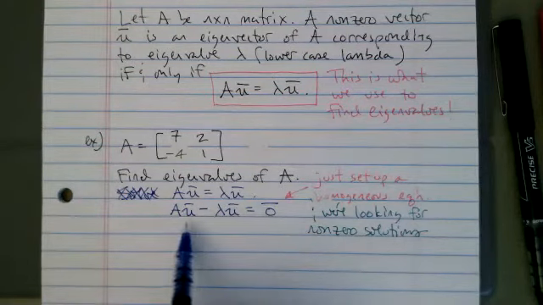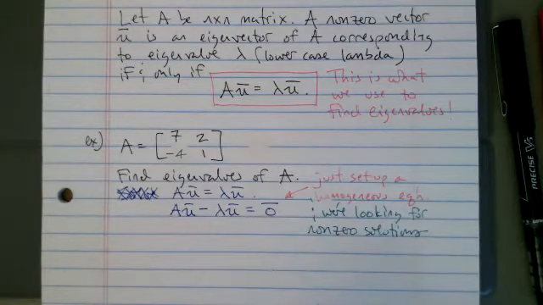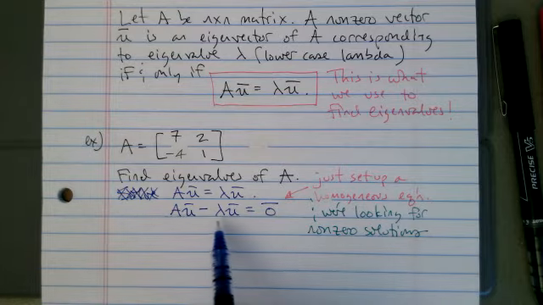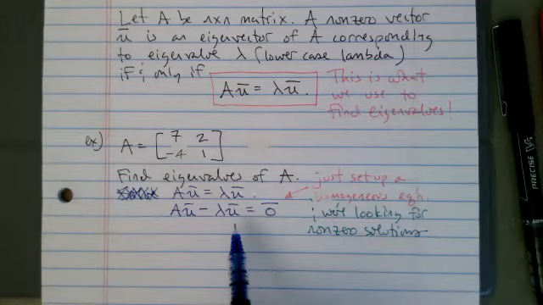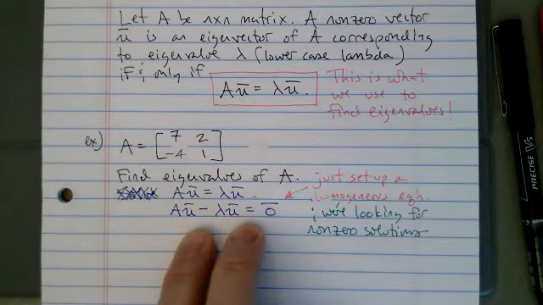But right now, what I want to do is factor the u out, but I can't do that because I can't take a matrix minus some scalar. So we have to do a little bit of algebraic sleight of hand. I can multiply this lambda times u by the identity matrix. We're going to multiply the second term by the identity matrix so I can factor out the vector u.